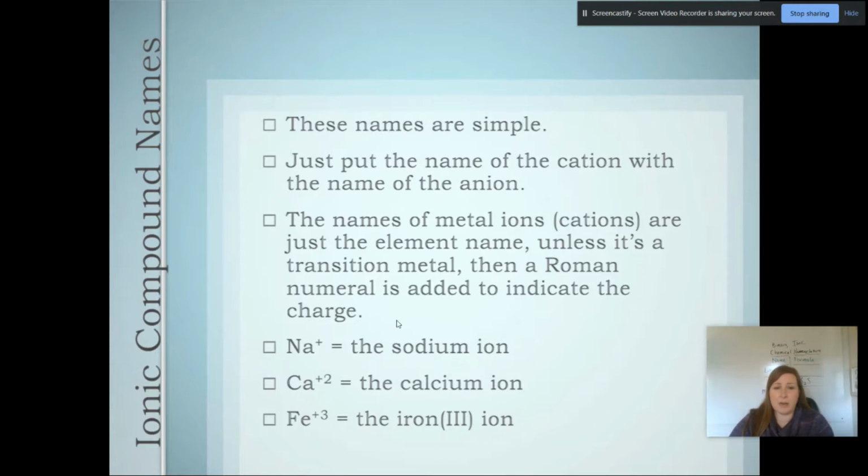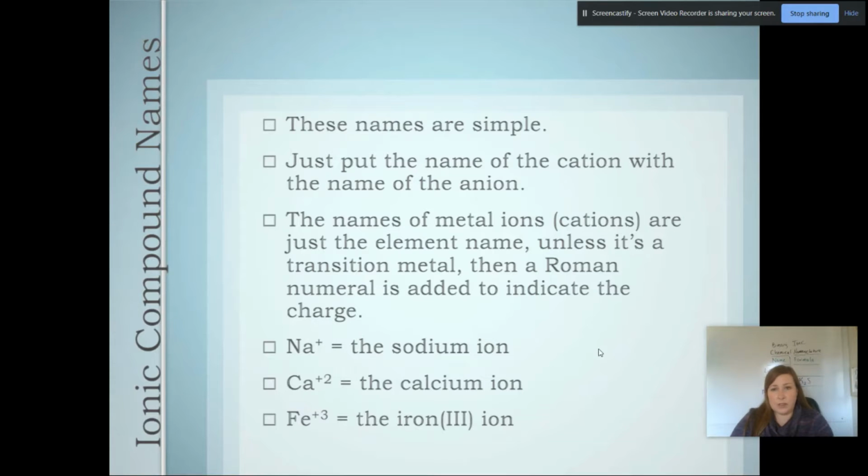The names for ionic compounds are really simple. You just put the name of the cation with the name of the anion. Cation, remember, is positive, anion is negative. So the names of the metal ions, the cations, are just the element name, unless it's a transition metal, and then you have to use a Roman numeral to indicate the charge.